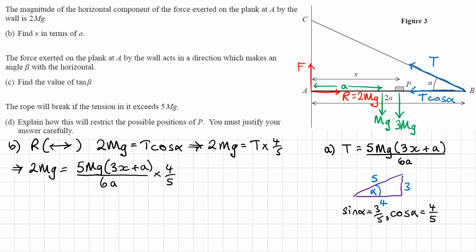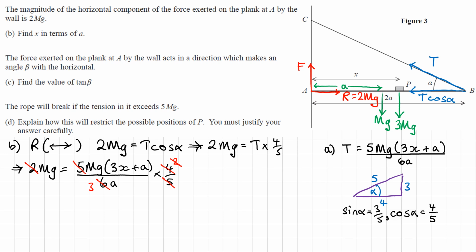Before we go any further, let's see if there's any cancelling down I can do. Yes, I can cancel down the 5. The 6 and the 4, I can divide both of those by 2 to give me 2 here and 3 here.